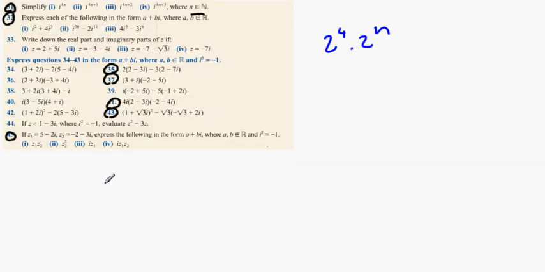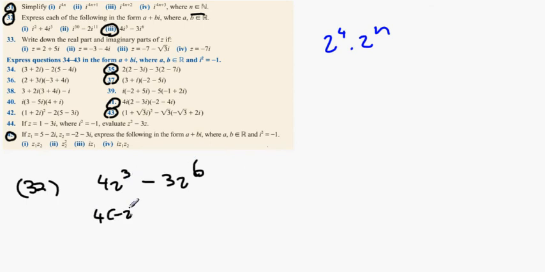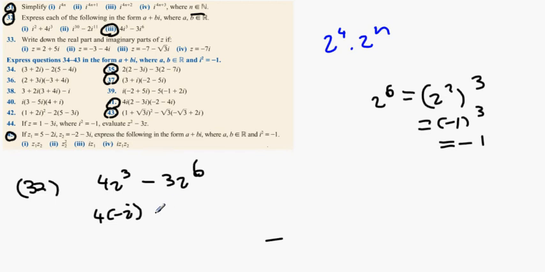Okay, so the next one is going to be number 32. Now in question 32, we're just going to do part 3. We have 4i to the power of 3 minus 3i to the power of 6. Now remember, i^3 is minus i, so 4 times minus i, and i^6 is the same thing as i^2 to the power of 3, which is minus 1 to the power of 3, which is minus 1.